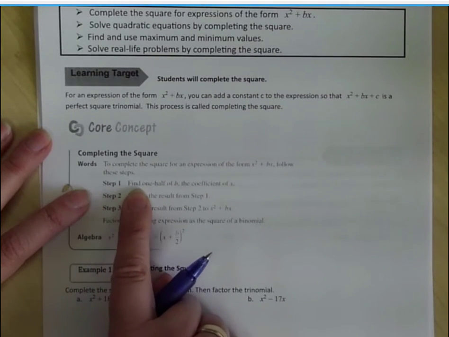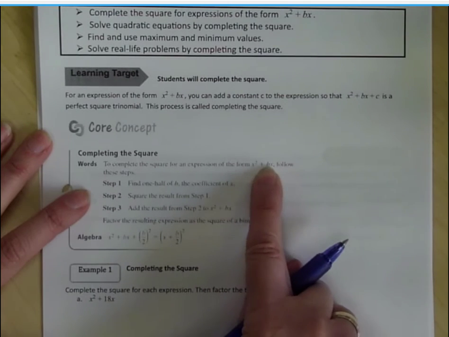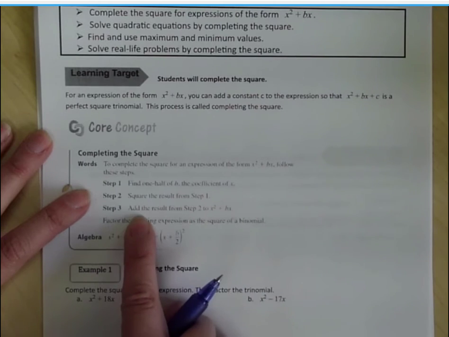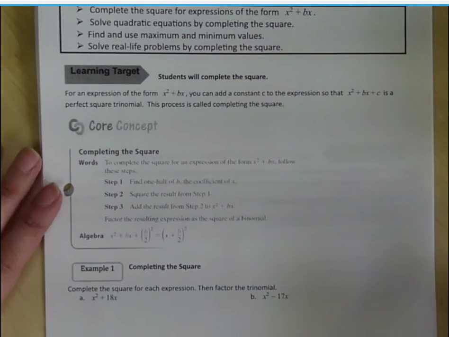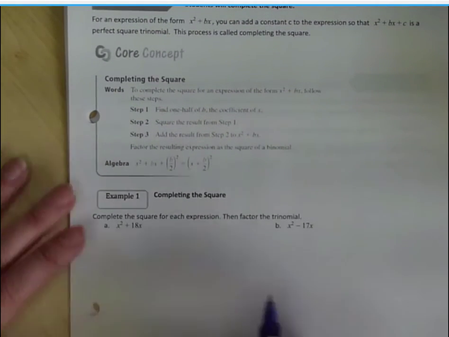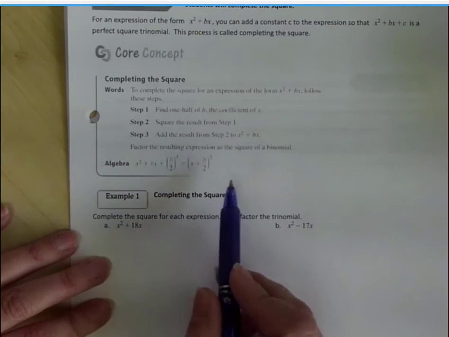So step 1 is to find half of b, the coefficient of x. Square that, then add it, and then we're going to factor it. I know that sounded way more complicated, but let's take a look. In example 1, complete the square for each expression and then factor.